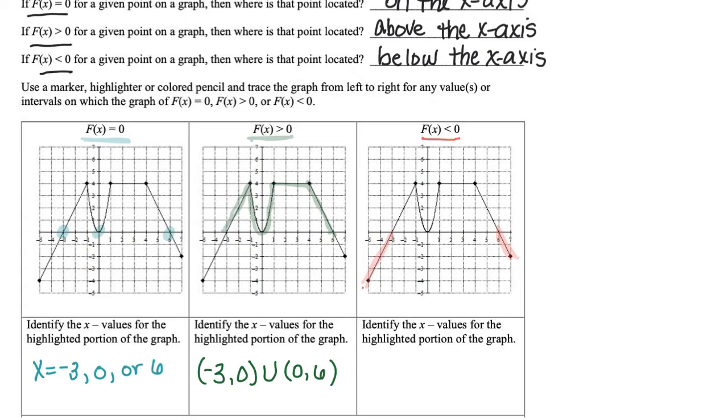Notice these endpoints are closed, so we're going to include them because we don't have arrows there, so we need to include -5 up to -3, but we're not going to include -3 because it's not closed there. We're breaking it off kind of halfway through that line. And then union, over on the other side, we're going to pick up at what looks like 6, and we're going to go to 7, and 7's at the very end of that line with a closed circle, so we're going to do a bracket there.